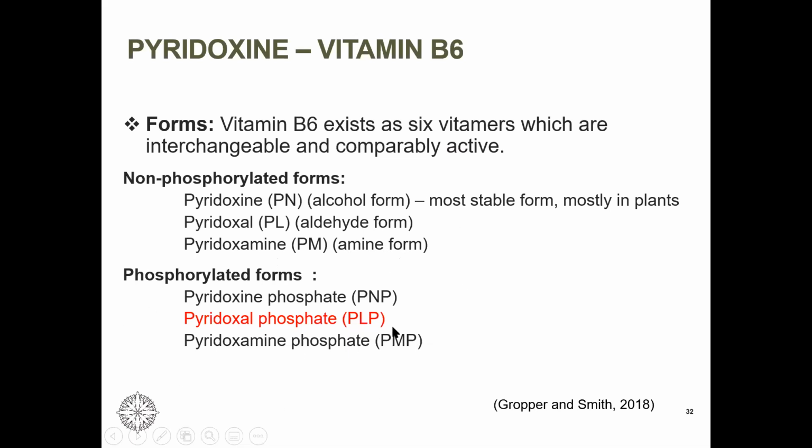And when our body is phosphorylating it for its function, we have pyridoxine phosphate, pyridoxal phosphate, and pyridoxamine phosphate. The reason I've highlighted PLP in red is, please remember it from neurotransmitter pathways, and also that this is the active or coenzyme form of pyridoxine.